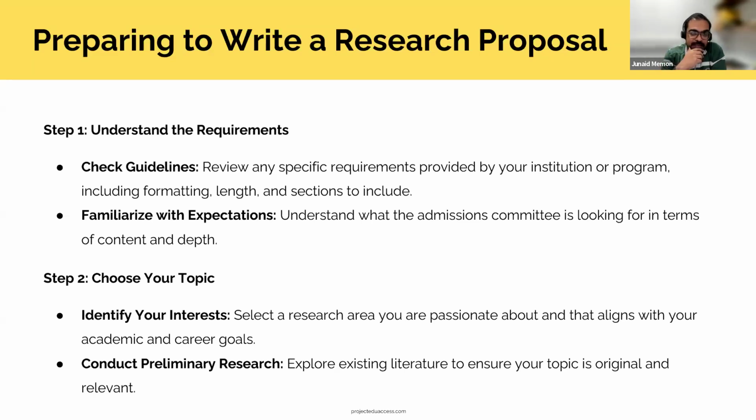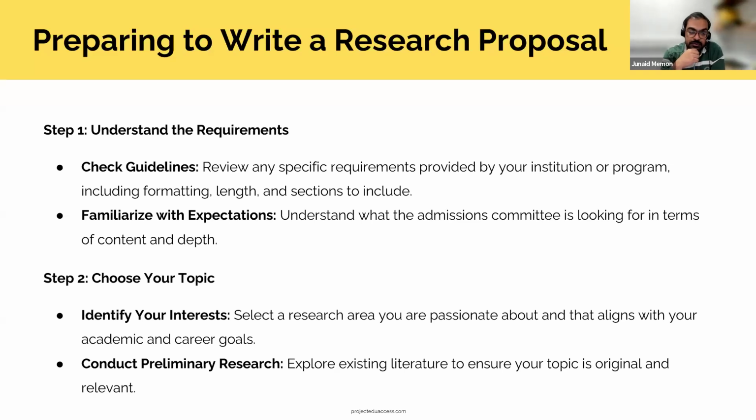I'm going to summarize the key things you need to do when preparing your research proposal. First, check the guidelines from the university. All universities will have guidelines, and probably a template in which you write your proposal. Important things to notice are the format, length, and the different sections they want you to include.